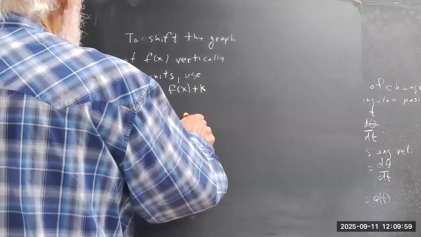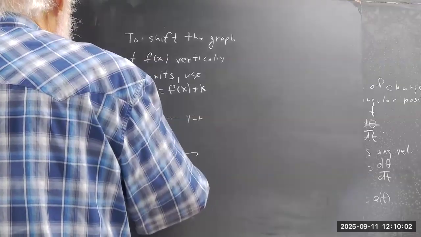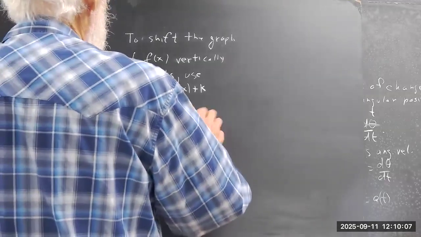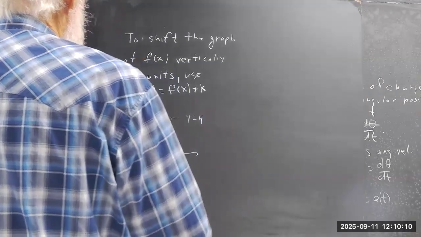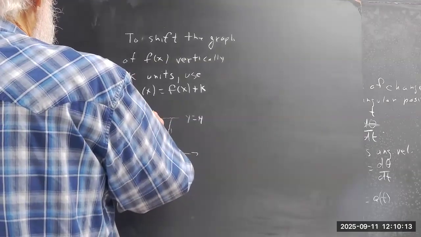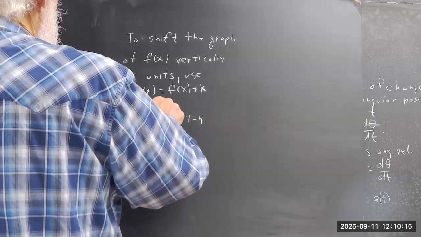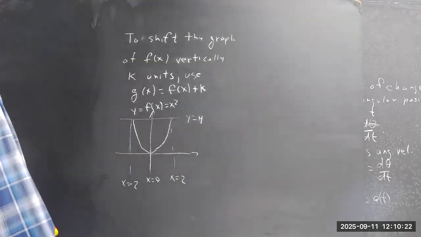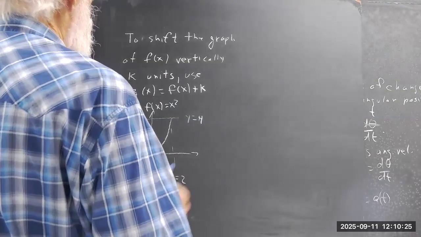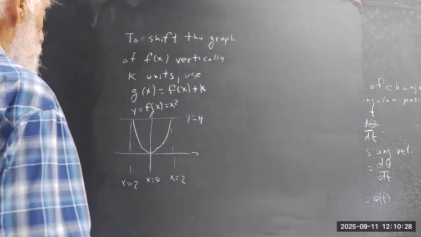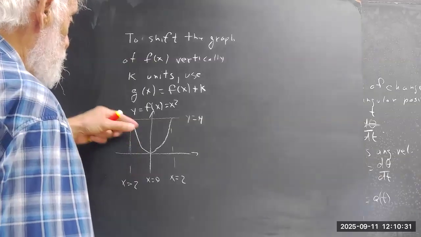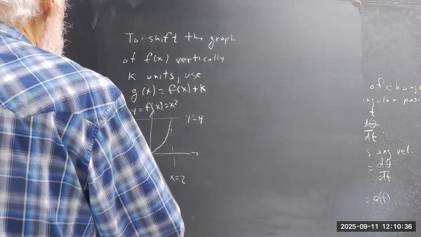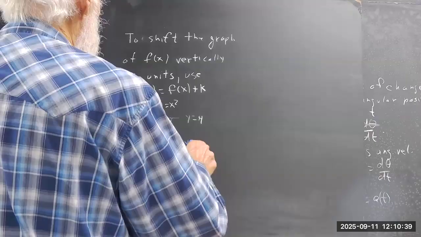So if you have the x-squared graph, then the graph of, let's say, x-squared plus 1 would just take all the y values here and raise them 1 unit. And that means I could sketch a line here, y equals 1.